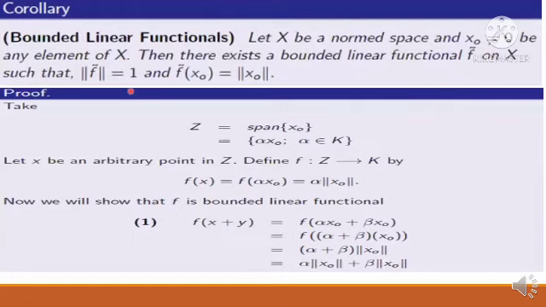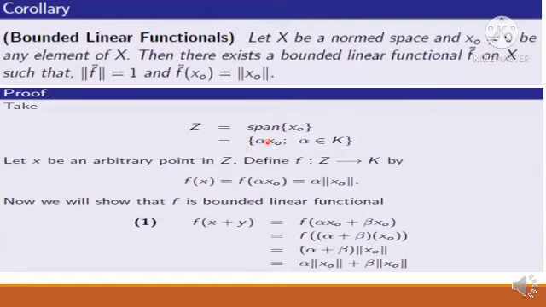So take the proof. Take Z equal to the span of x0, that is Z equals alpha x0 such that alpha belongs to K. This is a spanning set, so Z is the spanning set of x0.